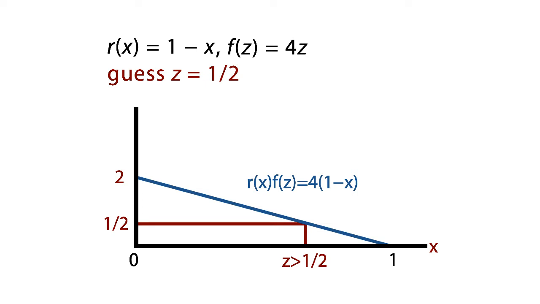We could imagine picking a different guess. Suppose we all guess that 3/4 of the people are going to use the product, and we can run through exactly the same exercise. If we do that, the reservation price curve is going to be 1 minus X multiplied by 3, 4 times 3/4. We can take that blue curve now, which has been shifted to have an intercept on the vertical axis of 3 and still an intercept on the horizontal axis of 1, compare it to the price of a half and see what the right fraction is.